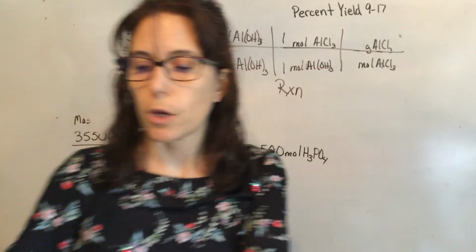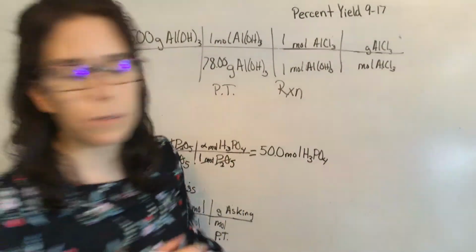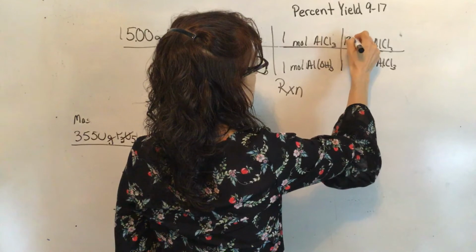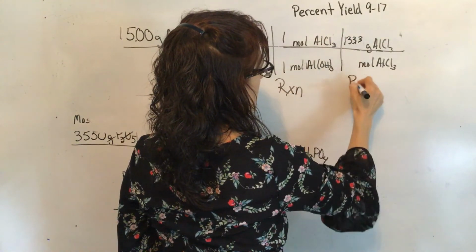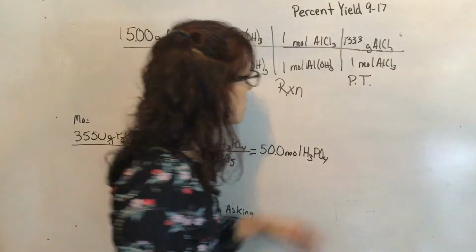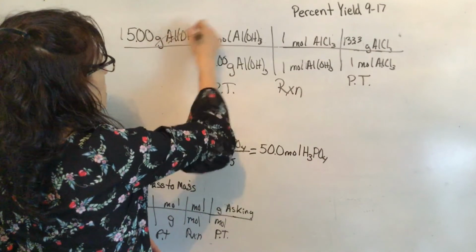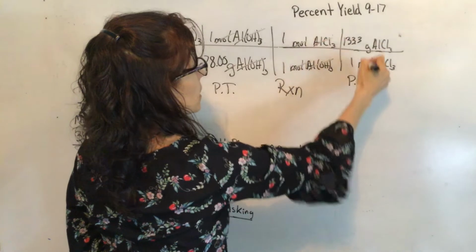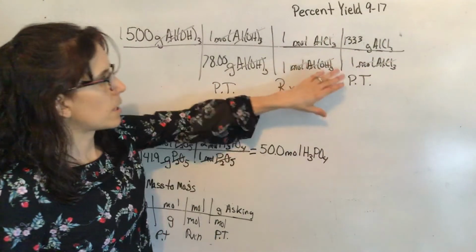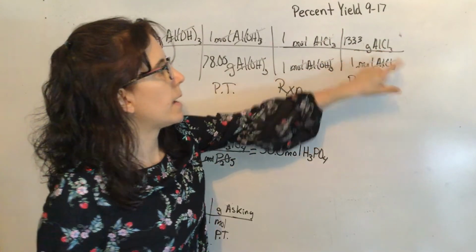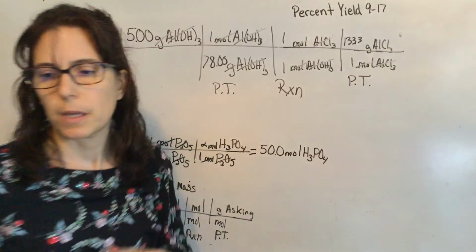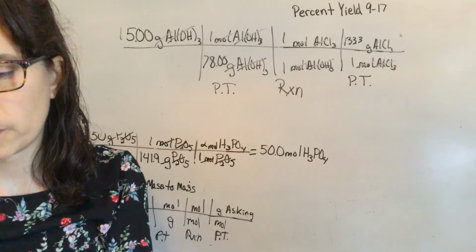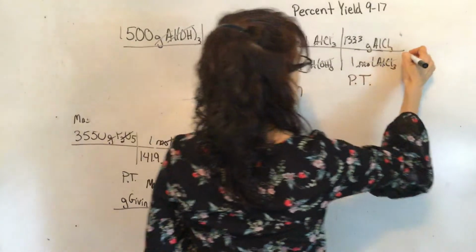Moles back to grams from the periodic table, 133.3. Okay. All right. So just quickly, everything cancels out properly. All right, and you can check all that. And you're left with mass of aluminum chloride. The answer is 25.63.